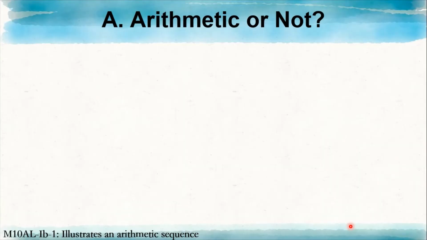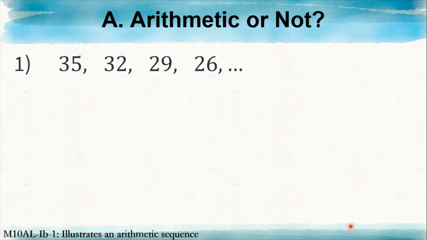Okay, check natin if the given sequence is arithmetic or not. So tandaan, para masabing arithmetic, we are adding a constant number to each of the terms. So, let's have the first example. 35, 32, 29, 26. So, what number is being added to each of the terms?